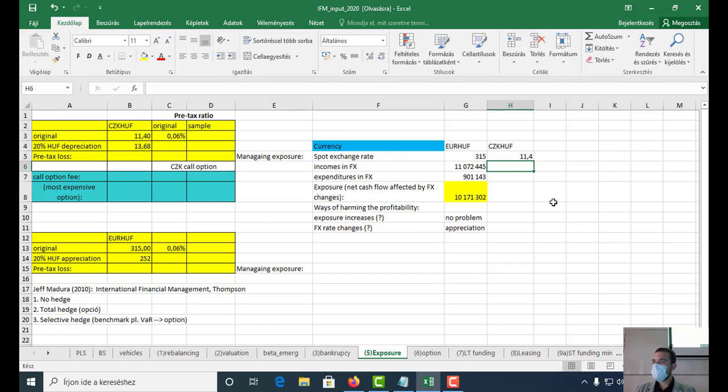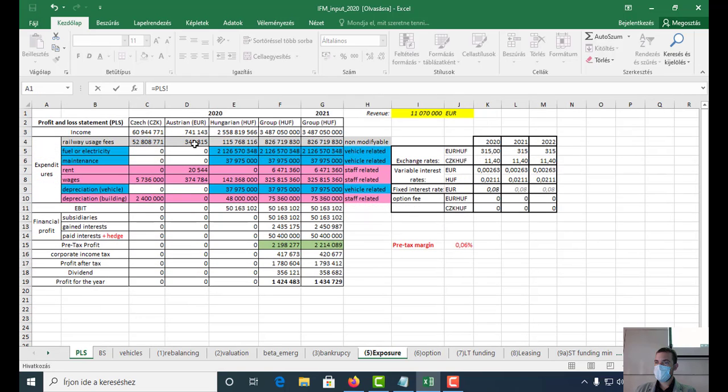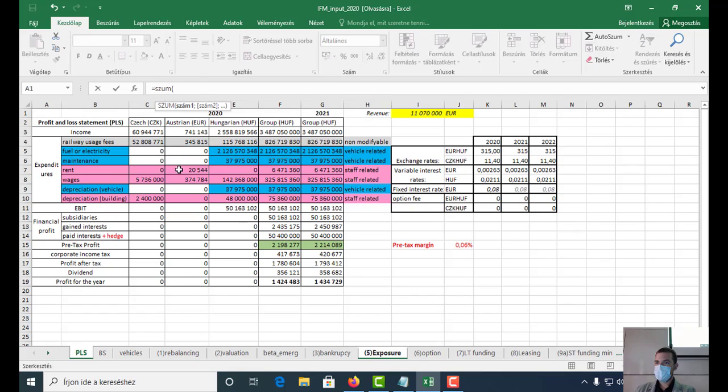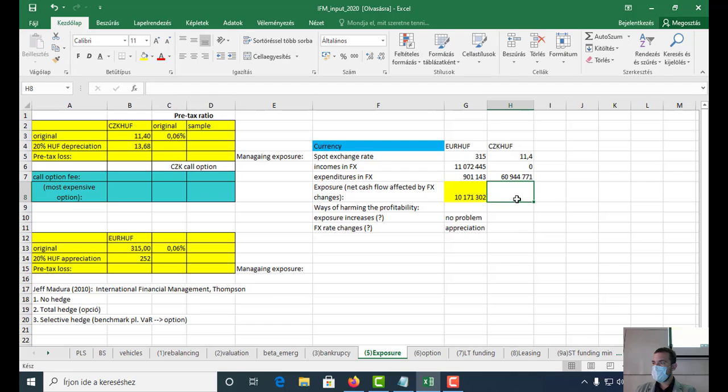So we have no income in Czech koruna at all, we are just redirecting some of our actual incomes, and we have expenditures only here. Some, not Austria, come on, Czechia. Here, so yes, it will be a negative number.